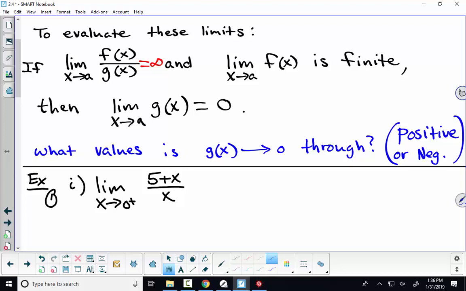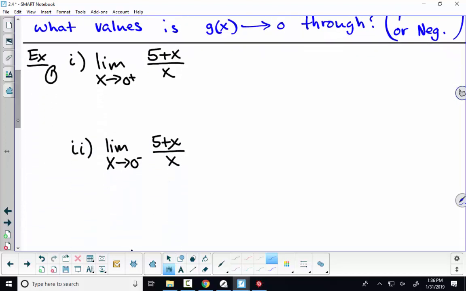Because we know 0 is neutral, but we can approach 0 through negative values or through positive values. So to see how that unfolds, going back to the function that we already looked at, we said x equals 0 is a vertical asymptote. That can be really helpful in these types of cases.